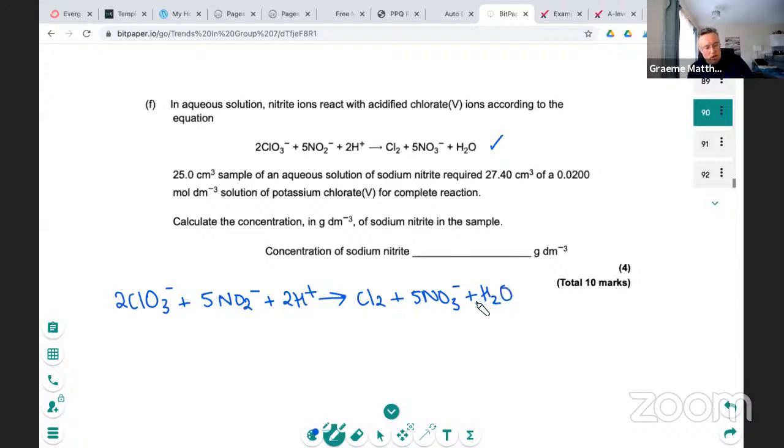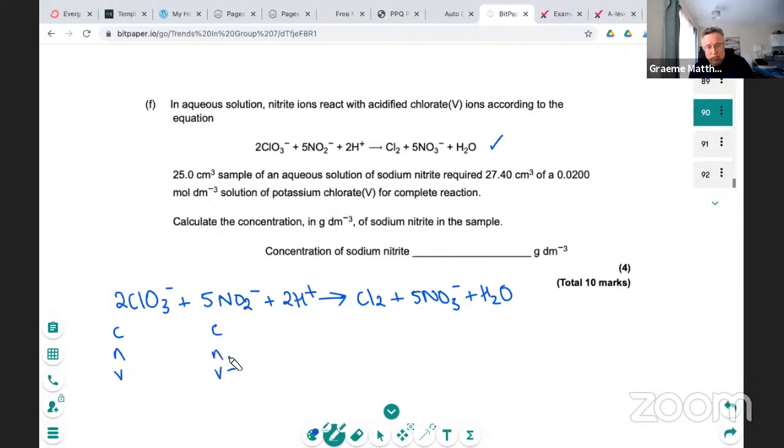All right, so here we are then. I automatically just write down CNV, concentration, moles, volume, whether I need it or not.